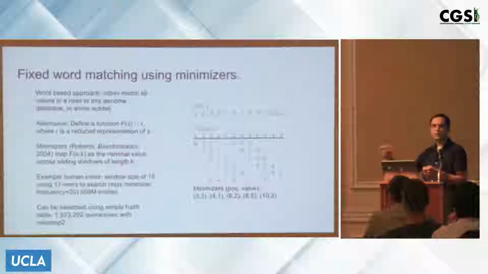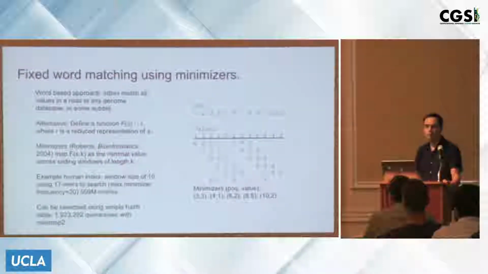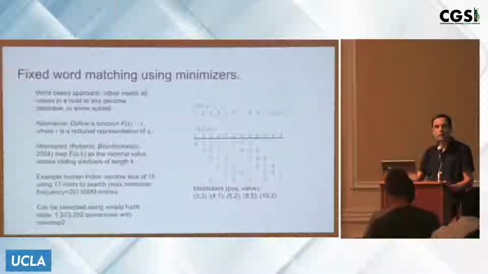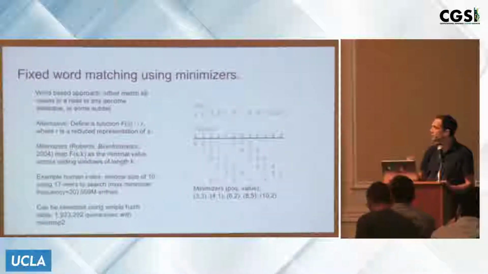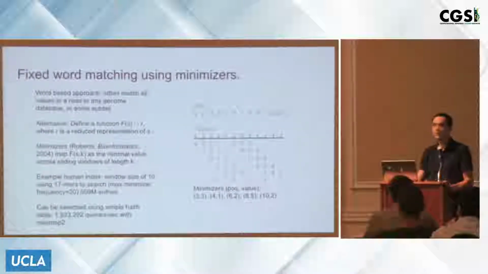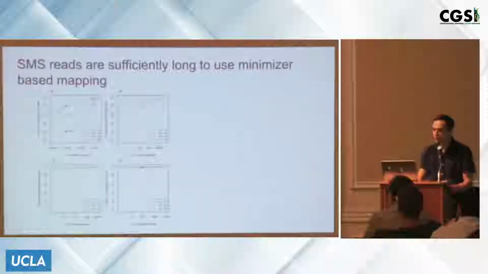So the time required to search this index is considerably faster using the minimizer approach relative to the Burrows-Wheeler approach, and this is enabled by the fact that sequences are much longer and more accurate than they were when single molecule sequencing first started.